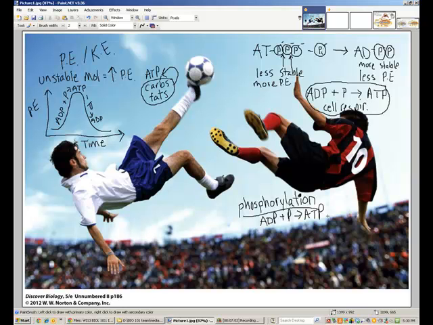Okay. So there's a couple other reactions we're going to be doing. I have a little bit of space right here, so let's go here. So if this is our potential energy diagram, I want to show you one more example here. One of the things that we're going to be doing is looking at photosynthesis and respiration. And photosynthesis is an uphill reaction.